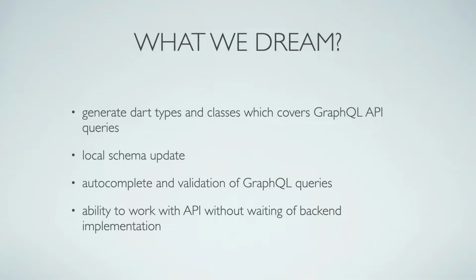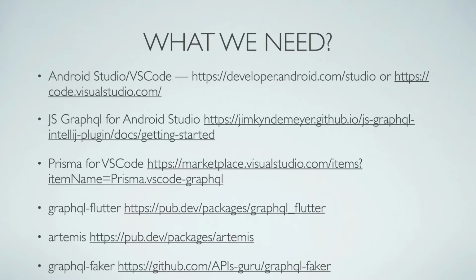And as a bonus, it would be great to have the possibility to mock the API, to extend your backend API while some queries or mutations are not ready yet. Everything is possible. For this we need Android Studio or Visual Studio Code.